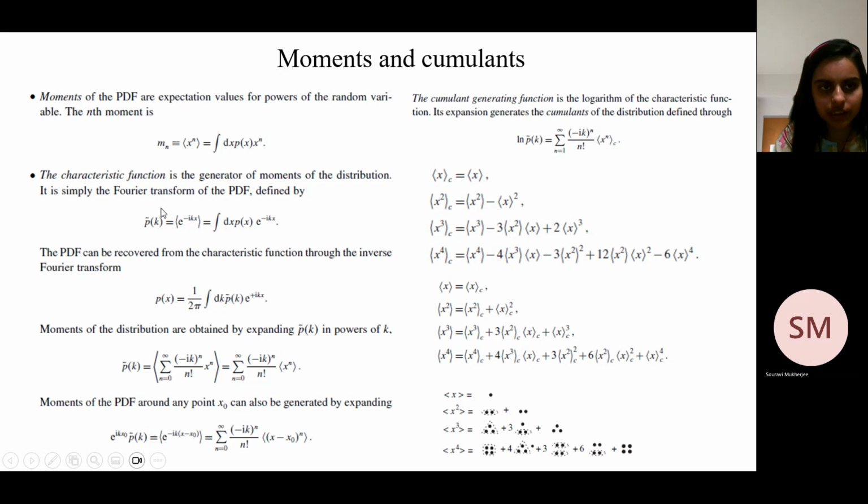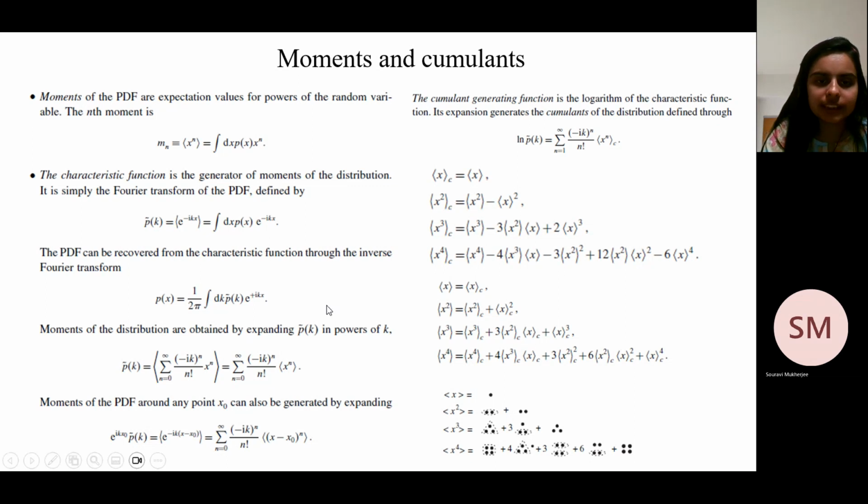If you expand it, it can be written in powers of k, and the coefficients of the powers of k give you the different moments. So that's how this is the generator of moments. Similarly, if the PDF is about some point x naught, you'll have an (x minus x naught) term. You get x to the power n when considering that x naught is equal to 0.